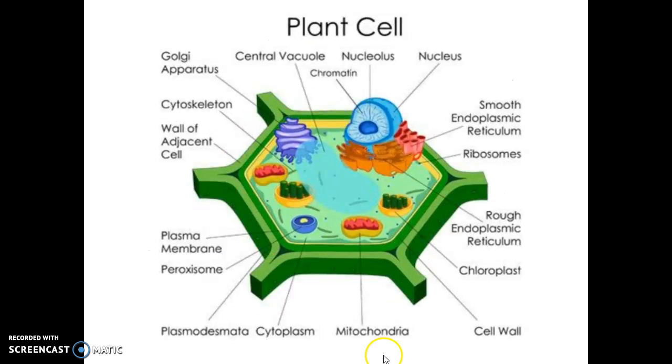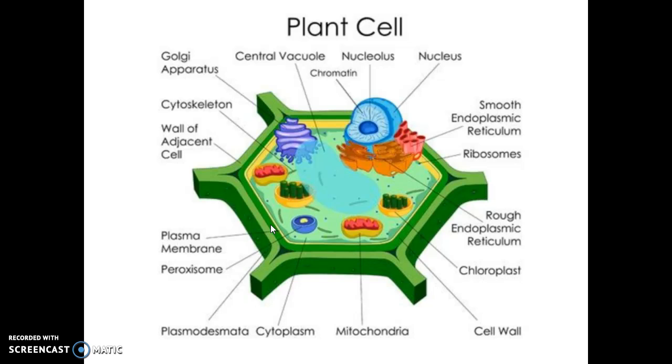And if we look at a plant cell, we're going to see a lot of those same organelles. Nucleus, Golgi Apparatus, cytoskeleton, cytoplasm, mitochondria, rough ER, smooth ER, ribosomes. What we do see on here is the plasma membrane, which is the cell membrane. So plant cells do have a cell membrane.